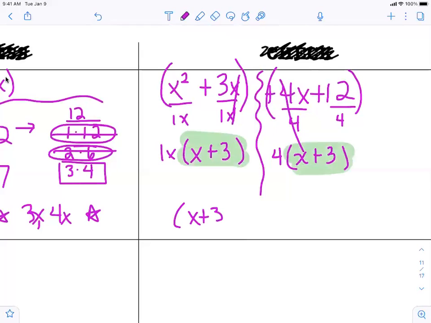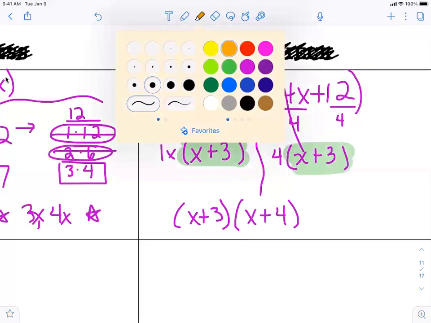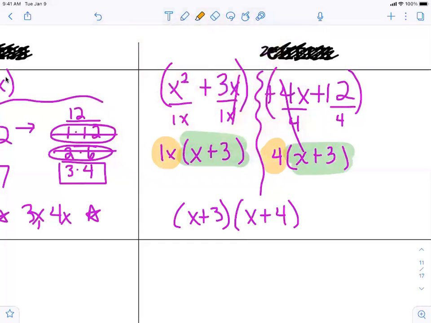The common factor that they have, that whatever is in the parentheses, that is actually one of the factors. And the other factor is going to be what is on the outside. So this 1x and this 4, together those create our second polynomial. And that is our final factored form.